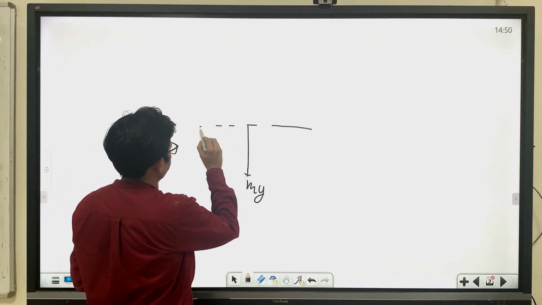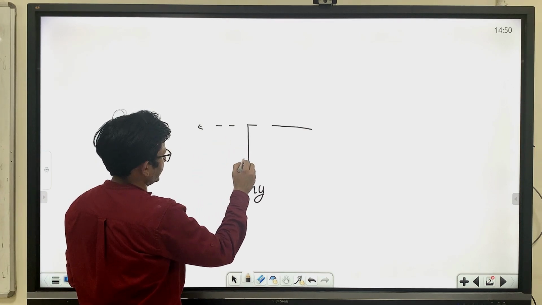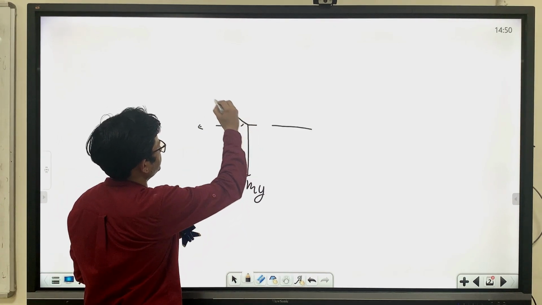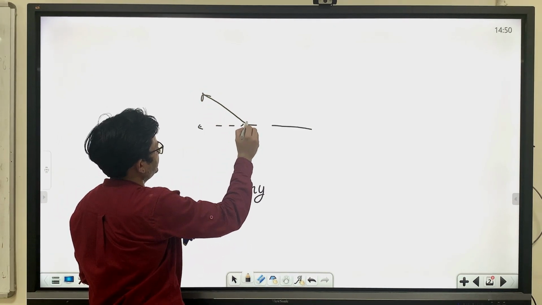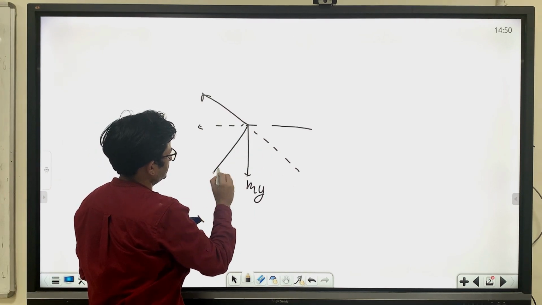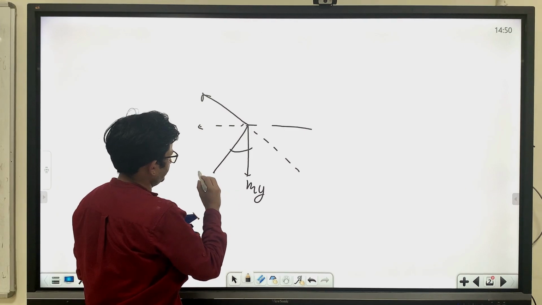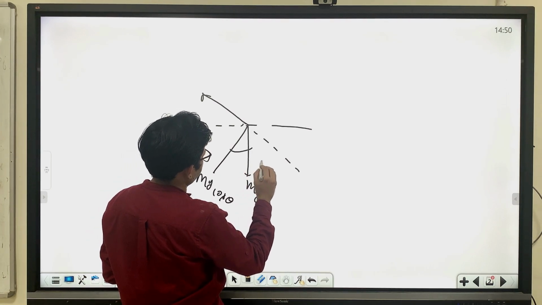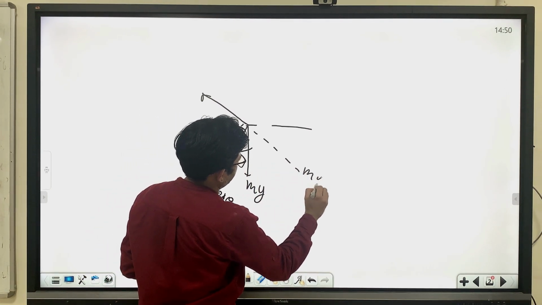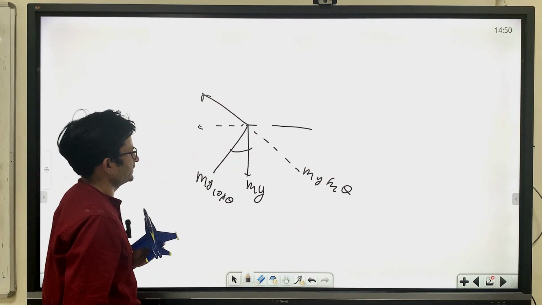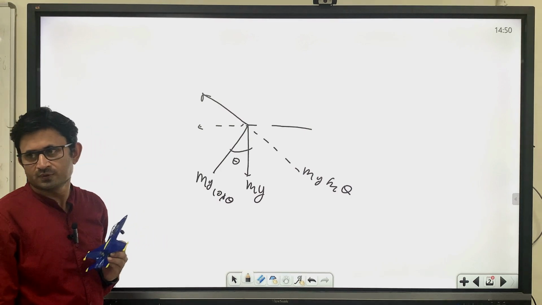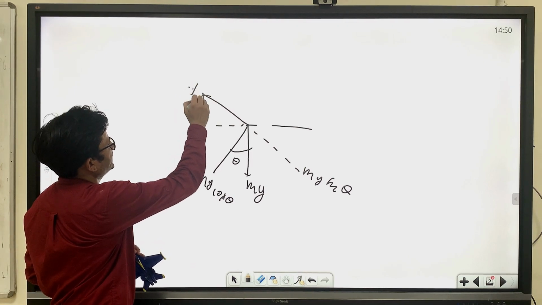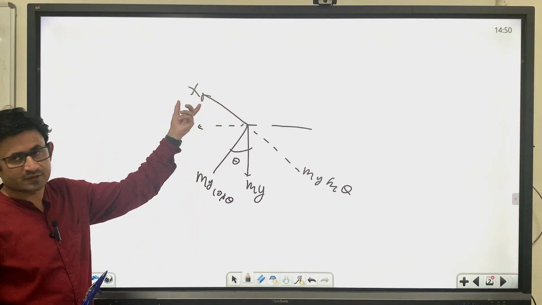Now when you do some kind of pitch up like this, your body axis will be in this direction, right? So this will be the mg cos theta, and what will be this? mg sin theta. You can understand it in this way. Okay. So I want all the forces in the body reference frame, right?